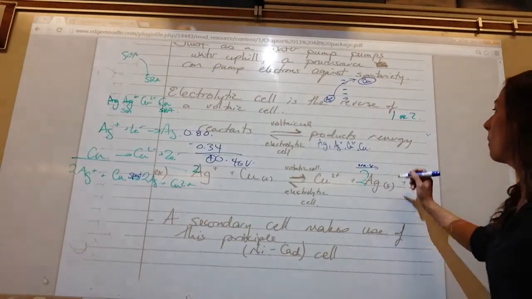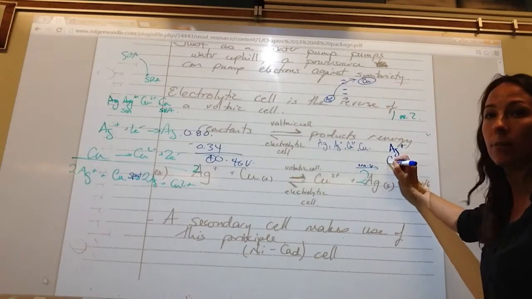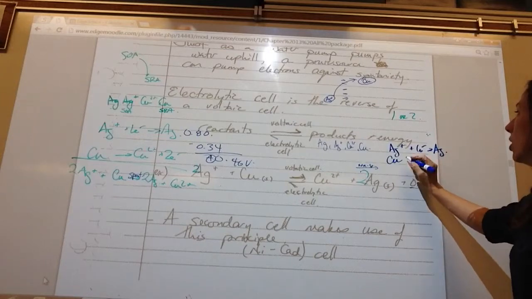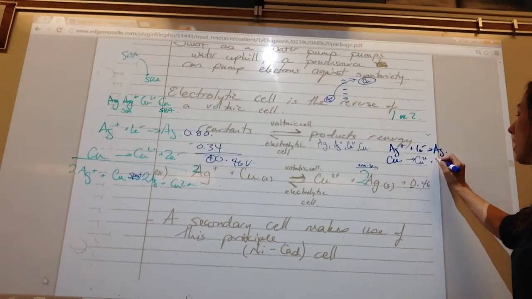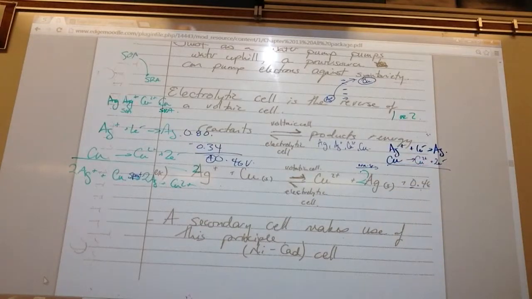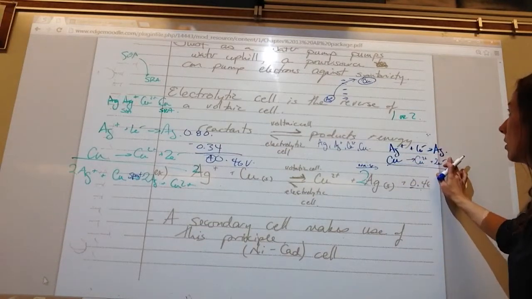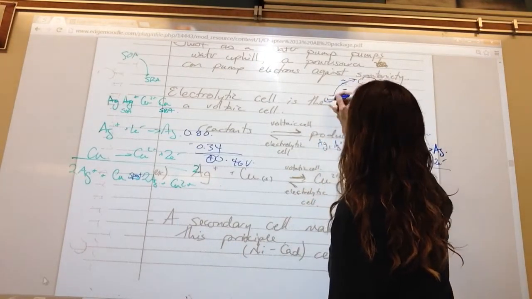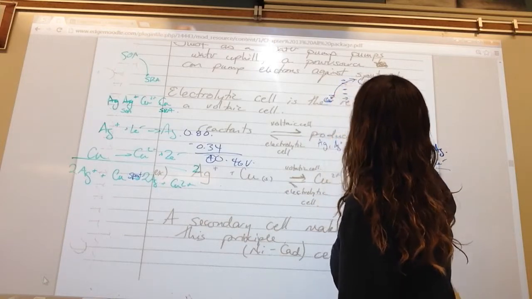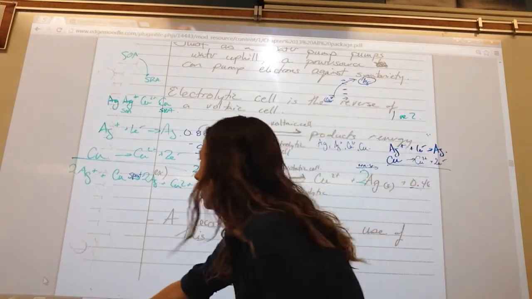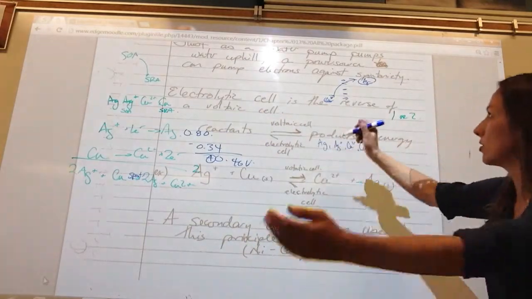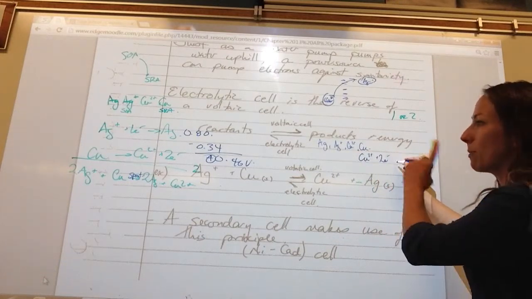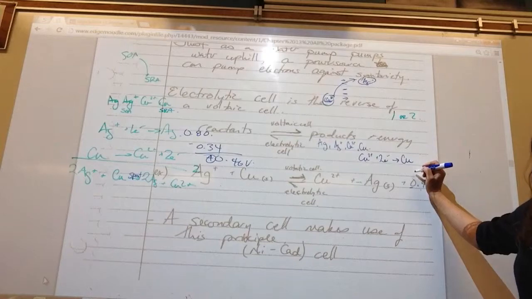Okay? So my Ag+ is reacting, and my Cu is reacting. Sorry, this is Cu2+, this is Ag, and so therefore this Cu2+ will be gaining those 2 electrons back and becoming that original copper.